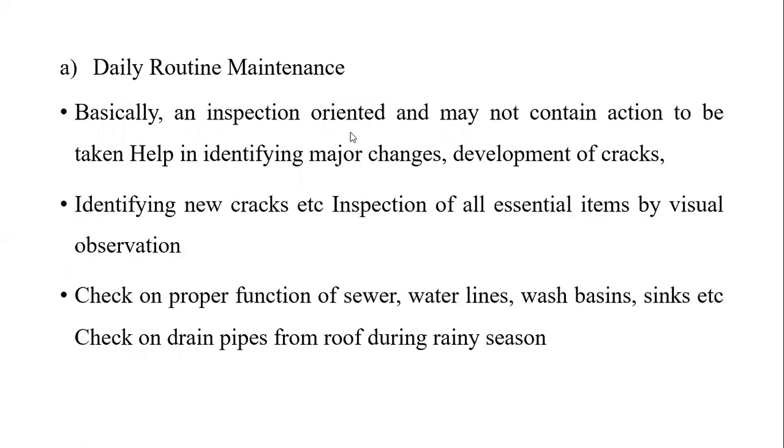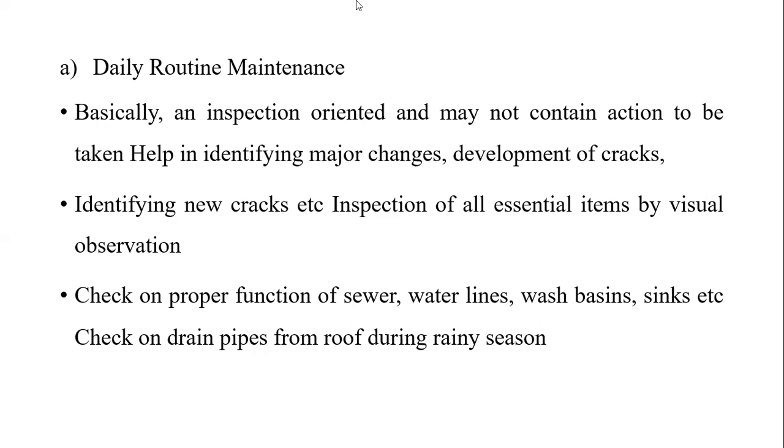In daily routine maintenance, an inspection is carried out to see whether any cracks have developed on the building, whether any type of defect is identified in the wall, whether any structure has changed, whether any tiles or bricks have been damaged. Each and everything can be monitored daily, and this is called daily routine maintenance. On behalf of that monitoring, we can go for an inspection process.